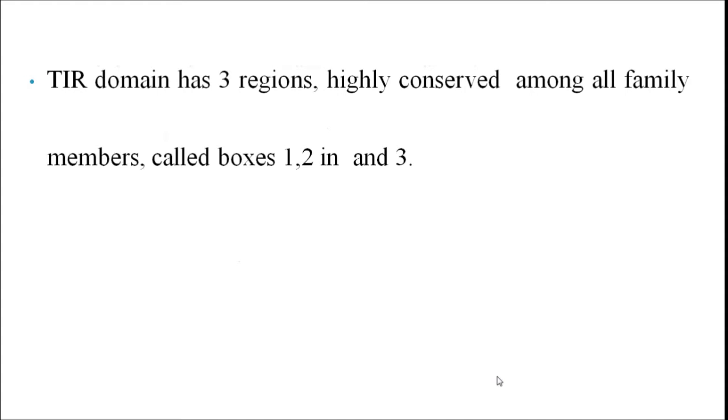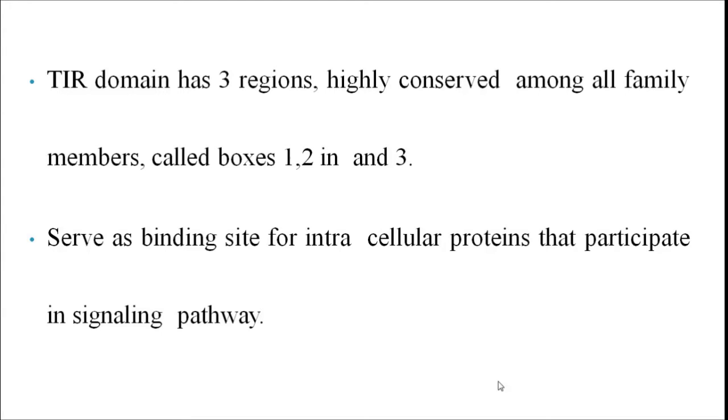These three regions of the domain are highly conserved among all family members, and they are called boxes 1, 2, and 3. They serve as a binding site for different intracellular proteins which participate in the signaling pathway. These receptors have an ability to recognize different components of bacteria, viruses and fungi.